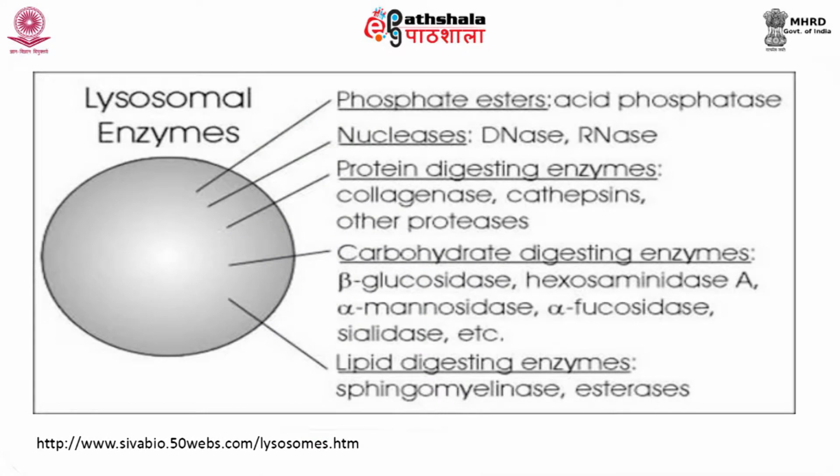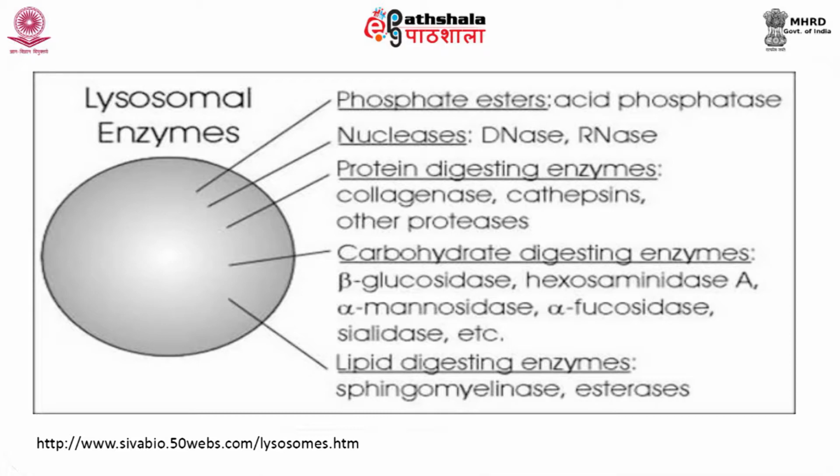Lysosomes contain about 40 to 50 different degradative enzymes, most of which belong to the class of acid hydrolases. In the figure, you can see many types of degradative enzymes and examples of each type. These enzymes are active at acidic pH but not at neutral pH.